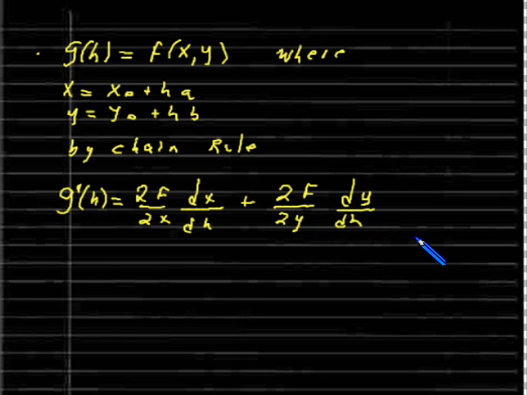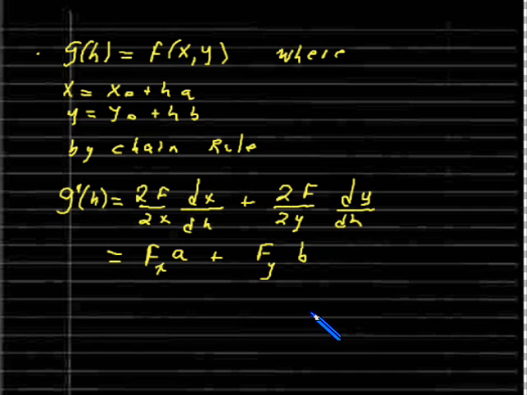But if you notice, this is actually just the partial of f in respect to x, of the function f of x y, times a, since the derivative of x in respect to h is just equal to a, plus the partial of f in respect to y times the derivative of y in respect to h, which is just going to be b.